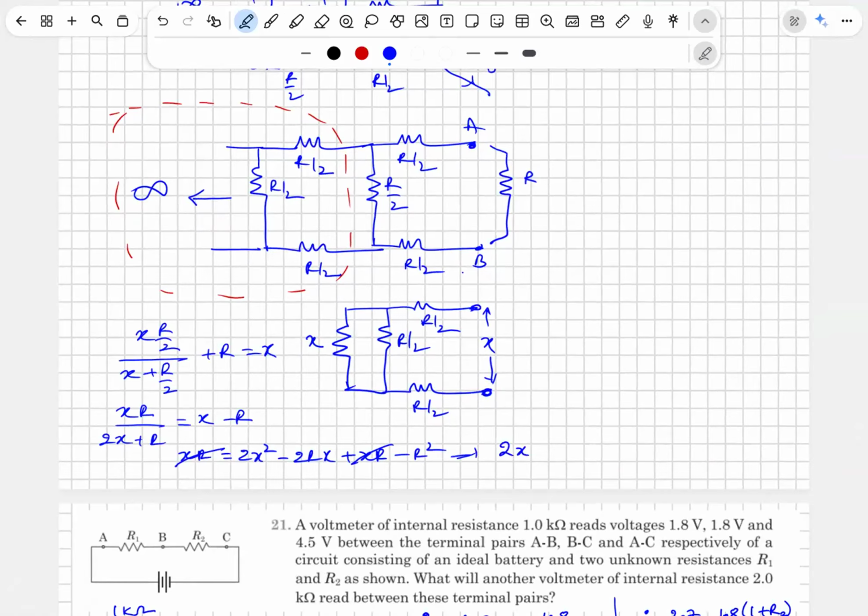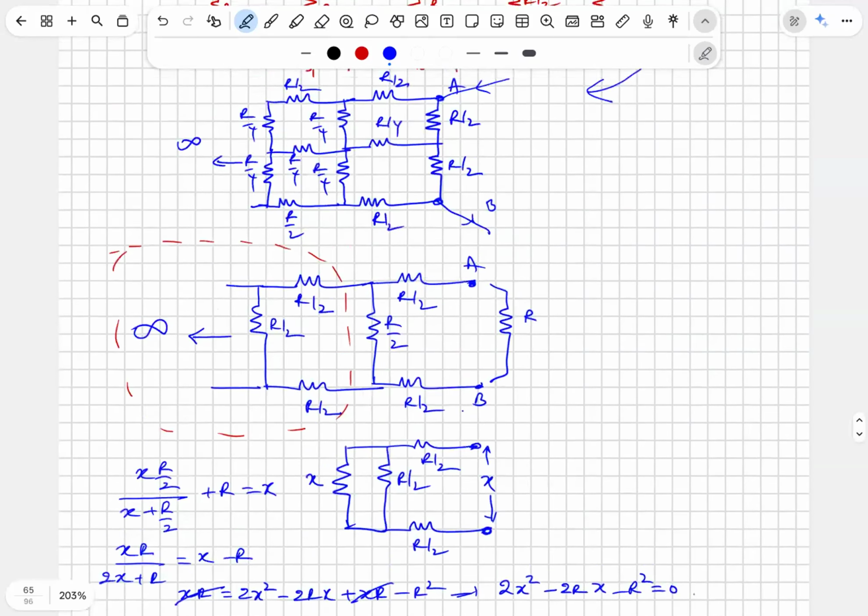Implies 2x square minus 2rx minus r square is equal to 0.